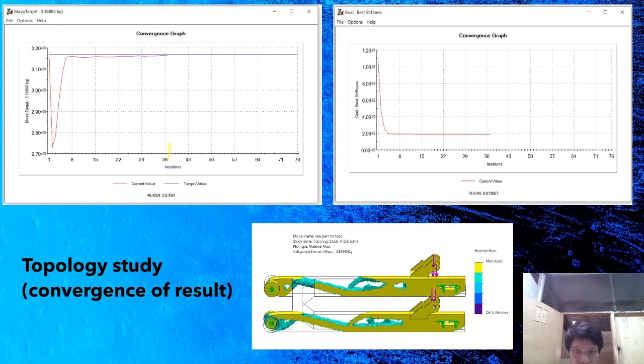For the best stiffness, it converges at iteration 4, and it follows the simulation until it reaches iteration 37. This diagram shows the topology optimized model, where the calculated element mass is 2.8 kg.